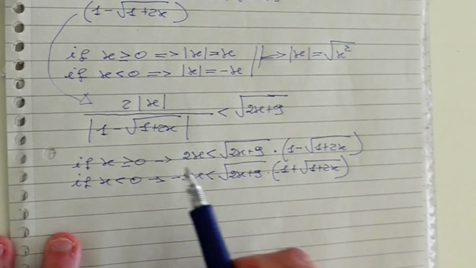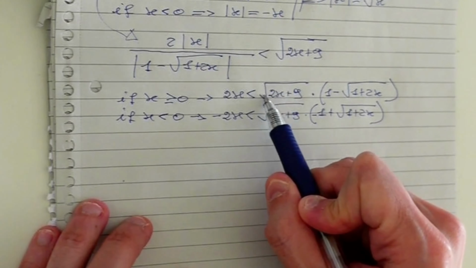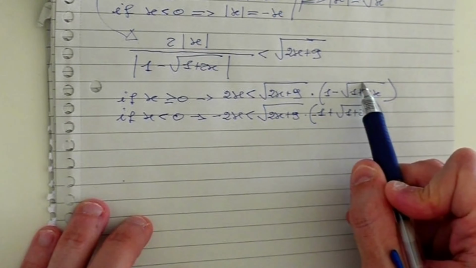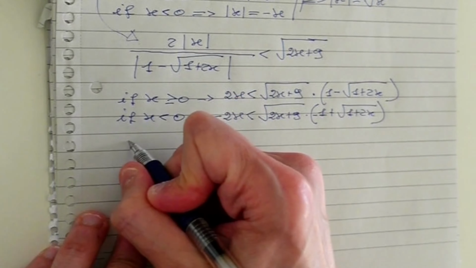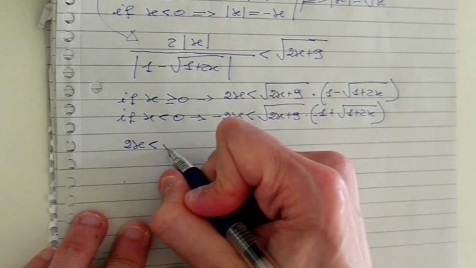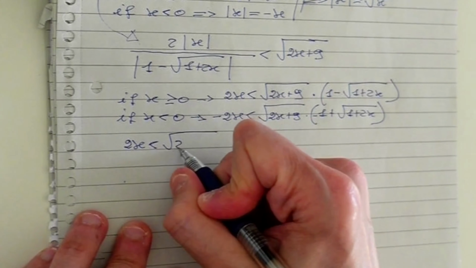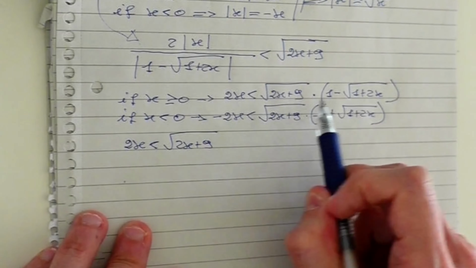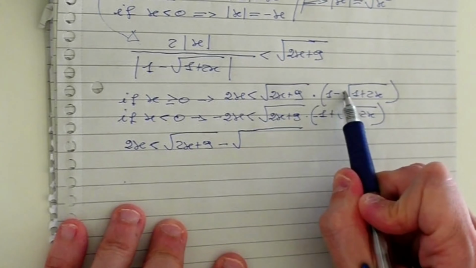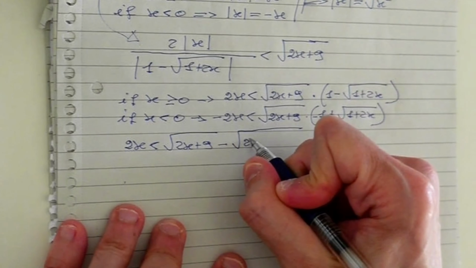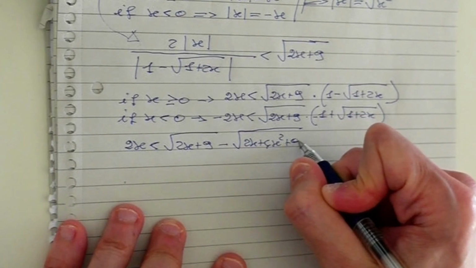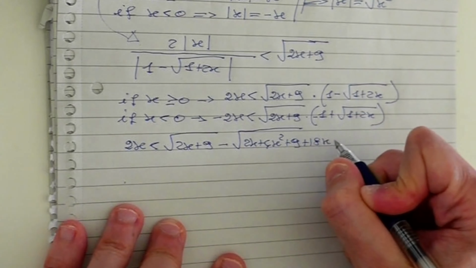So let's solve for the former. I'm going to multiply this factor by this term and then this term. So we have that 2x is less than square root of 2x plus 9, and then in this case we have minus and again square root, and then we just multiply this. This involves 2x plus 4x squared plus 9 plus 18x.